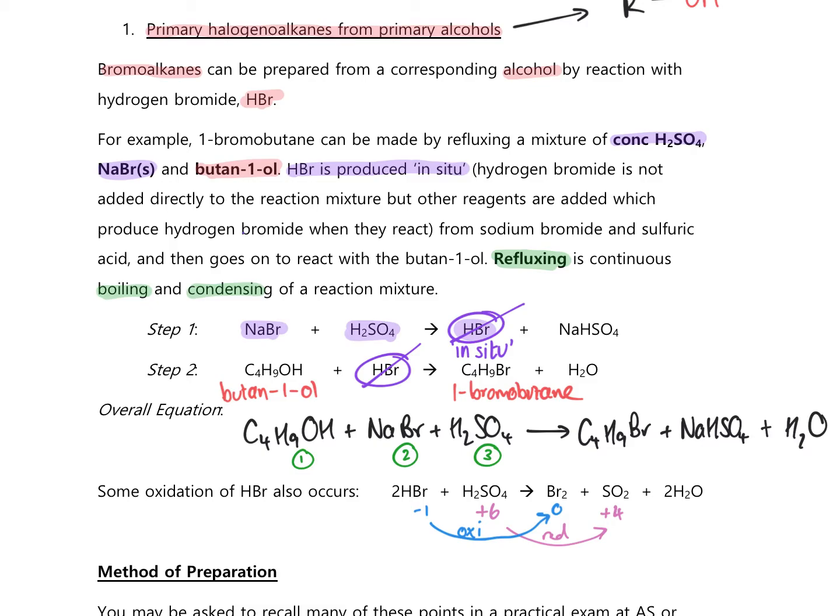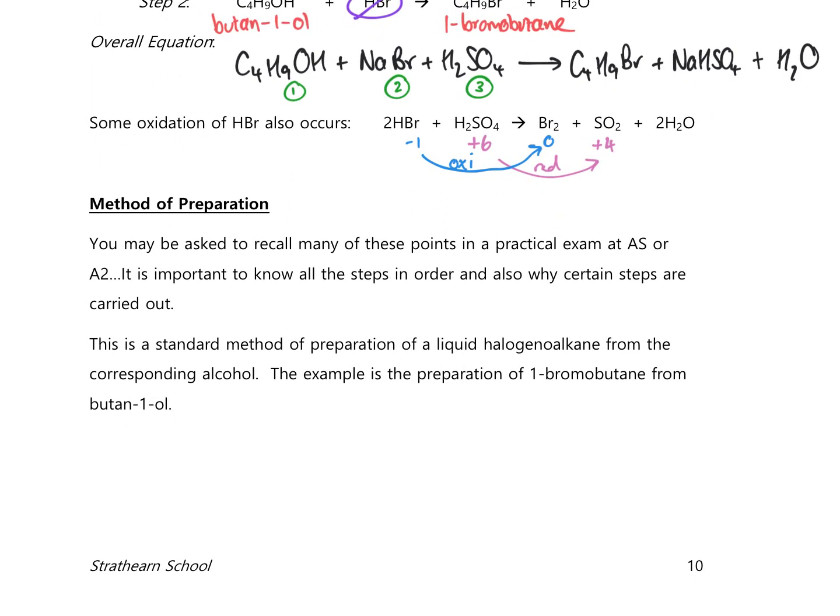So what we're going to do now is start to look at the method of preparation. You'll see that it's quite a long method, and it would be rare for you to be asked to memorise and recall the whole method, but you could be asked for many of the steps within it. So it may give you the first few steps and say how you would continue to get your final product.